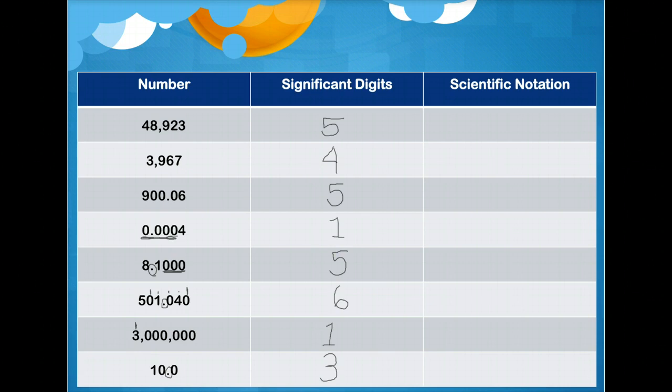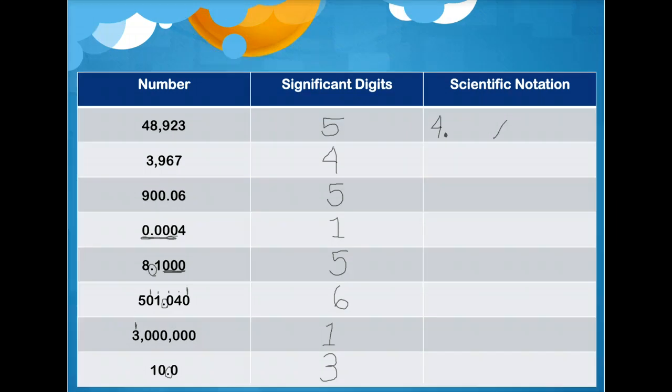Okay? Now let's do some practice in scientific notation. In our last video, we learned how to write scientific notation. Now let's just review that. Okay? So how would we write this first number in scientific notation? Okay? Write your first number and put a decimal. Now, how many times do we have to move the decimal point?